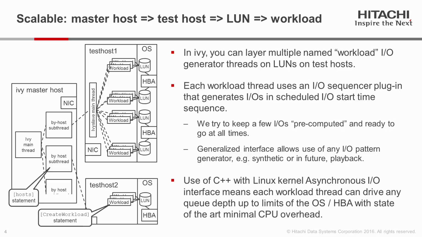So IV features very low CPU overhead, which means that it's very responsive to timestamp I/O completion events accurately, and it can very accurately issue I/O operations at the appointed starting time, because most of the time the CPU is idle. And that gives us lots of CPU left over, so that in the future we can compute synthetic workload patterns of a high degree of complexity.